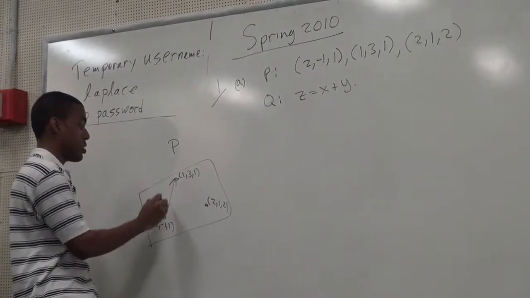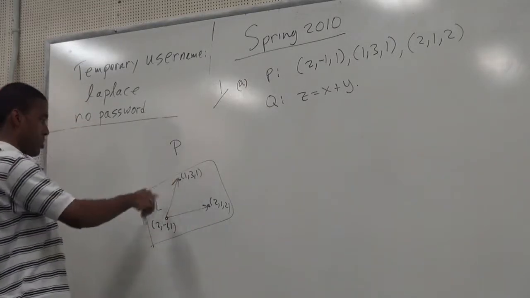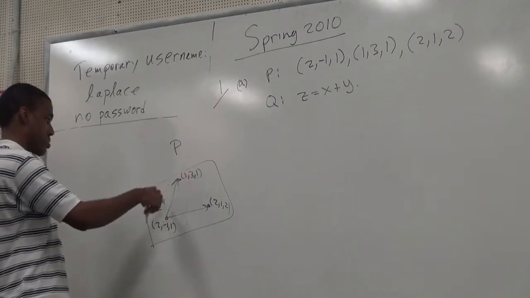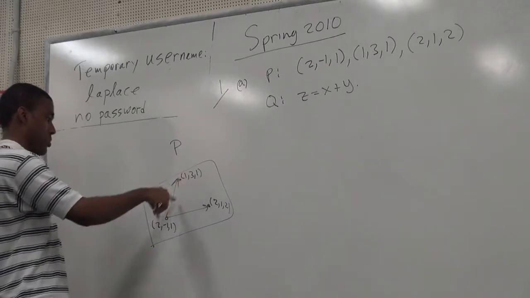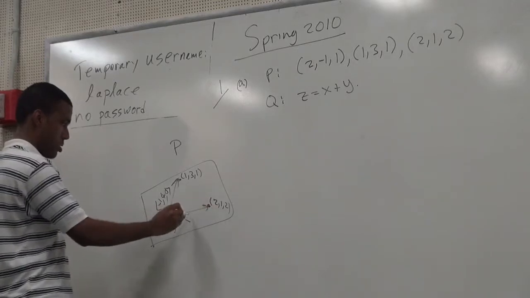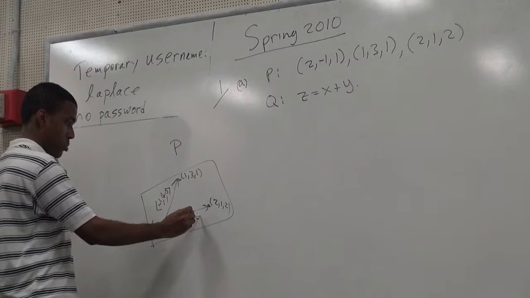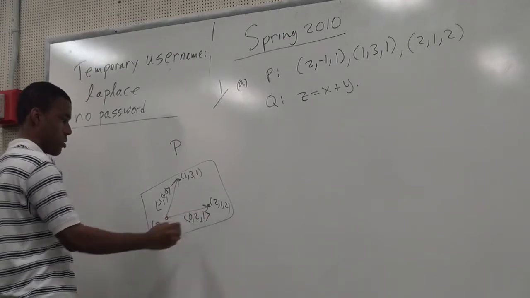We can create 2 vectors here. This would be the vector -1, 4, 0. This would be the vector 0, 2, 1, right?